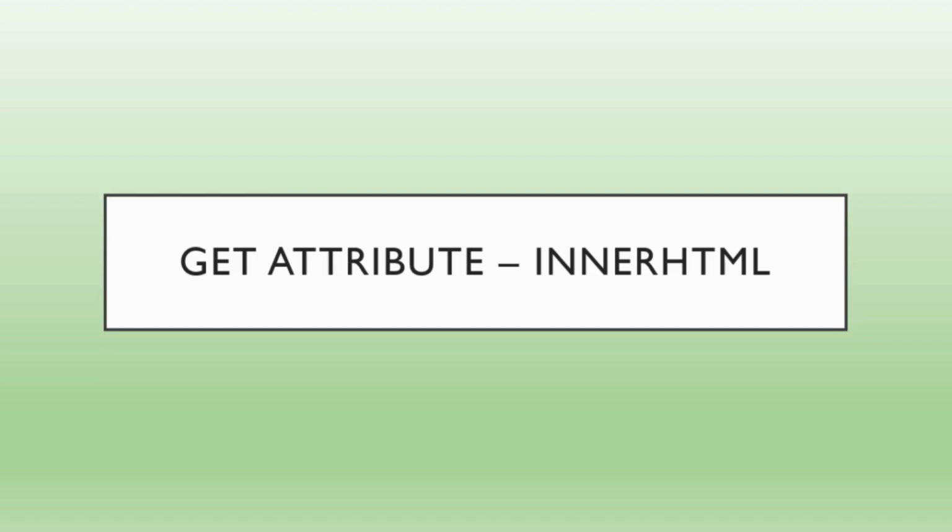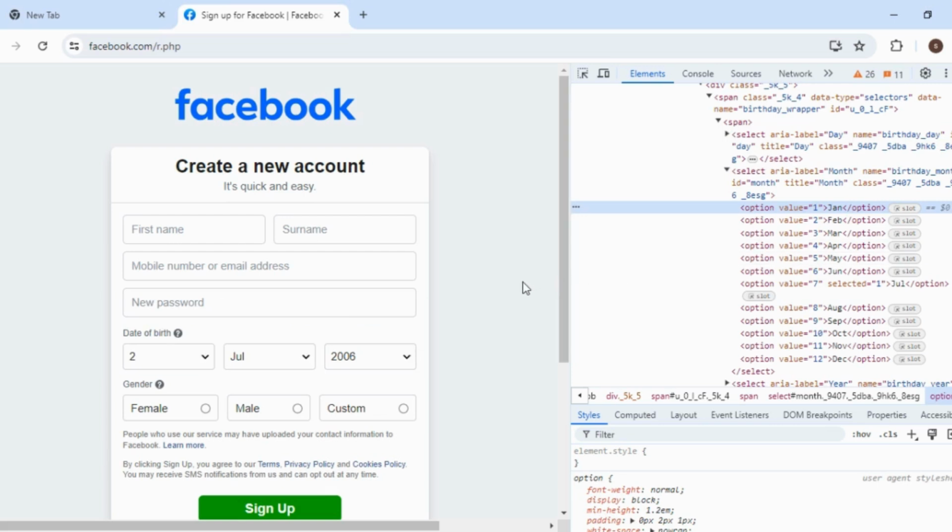Now, using the Get Attribute activity and passing inner HTML as an attribute, let's see how we can extract all the options in the dropdown. If you observe this HTML for this dropdown, this is the complete HTML. The dropdown text ends with less than slash option and greater than, right?